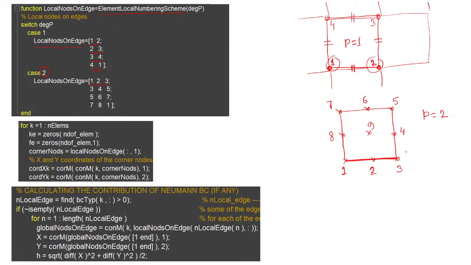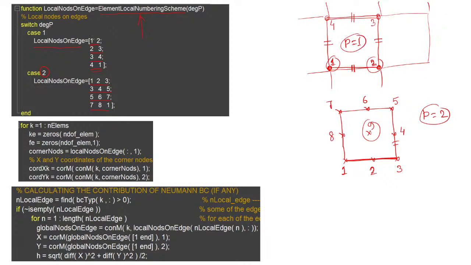In edge 2 the local nodes are 3, 4 and 5, which is what appears in the second row. Similarly 5, 6, 7 appear in the third row, and the fourth row comprises 7, 8 and 1. 9 is not appearing because 9 is an internal node. Here we are noting down only the nodes on the edges, so that's why I have named it local nodes on edge. Depending on degree p we have defined these numbers.